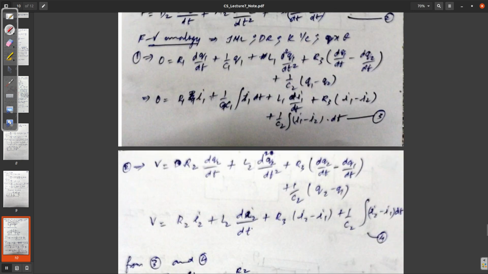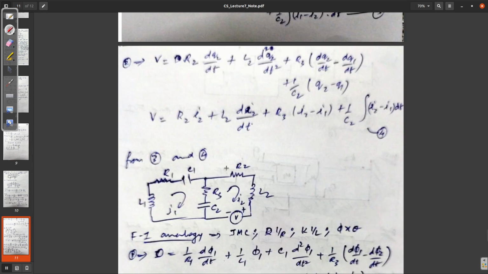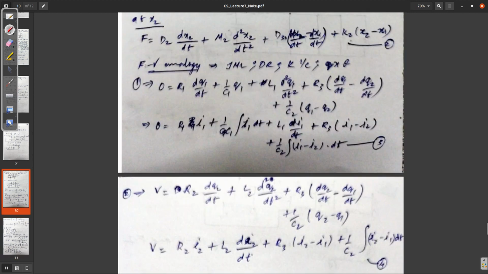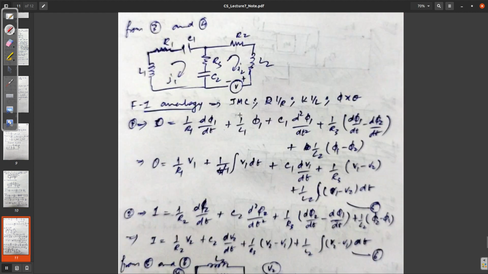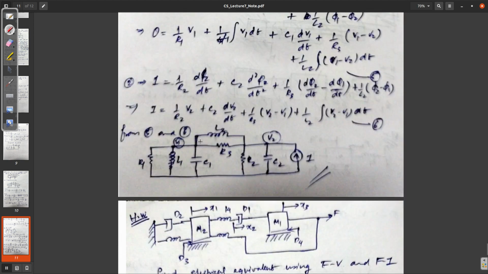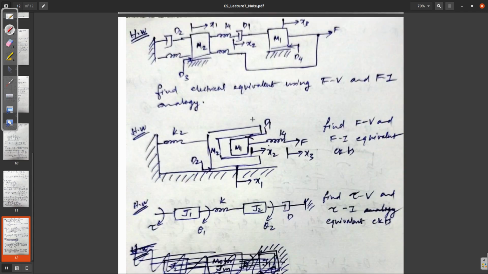Depending on whether it is a loop equation or a nodal equation, we write the equivalent circuit. Always for an FV analogy, it will be a mesh equation, and always for an FI analogy, it will be a nodal equation.